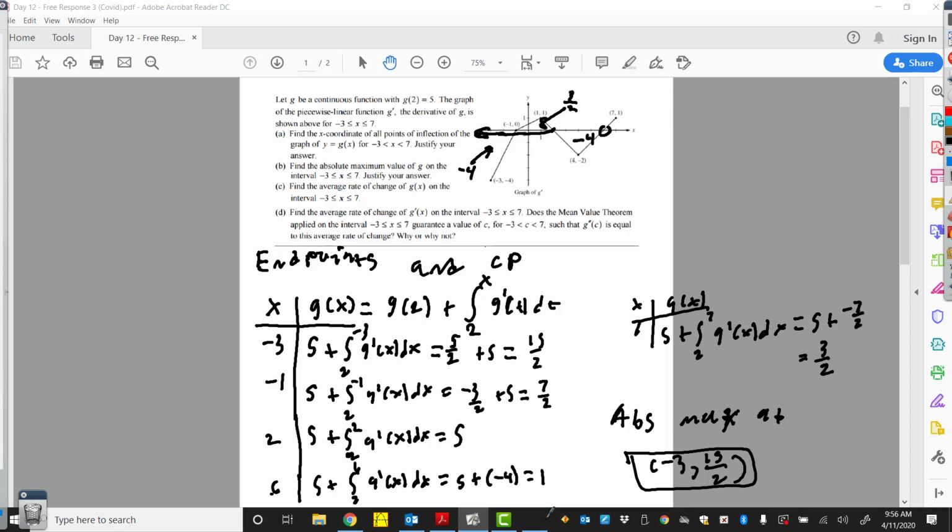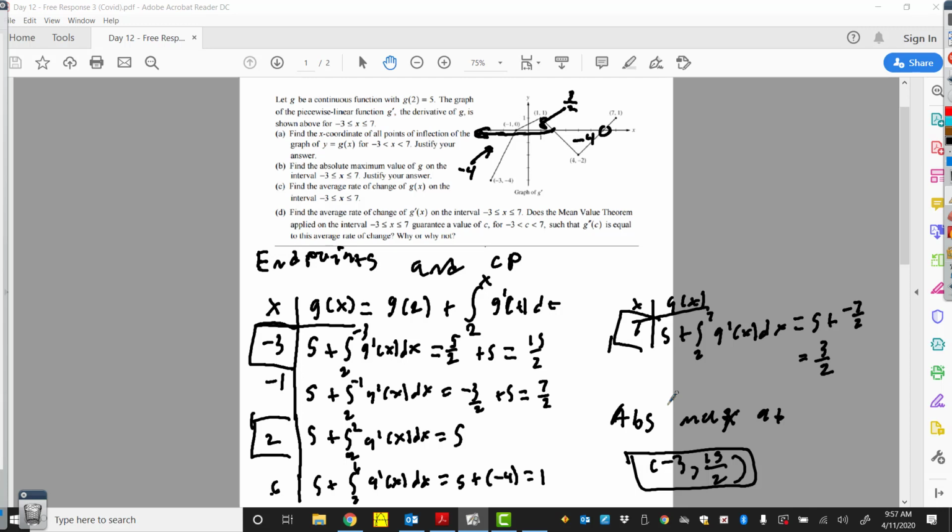This one has 3 points. 1 point just for making sure you consider x equals 2. 1 point for considering the endpoints. Not each one separately, but in total, considering both endpoints is 1 point.